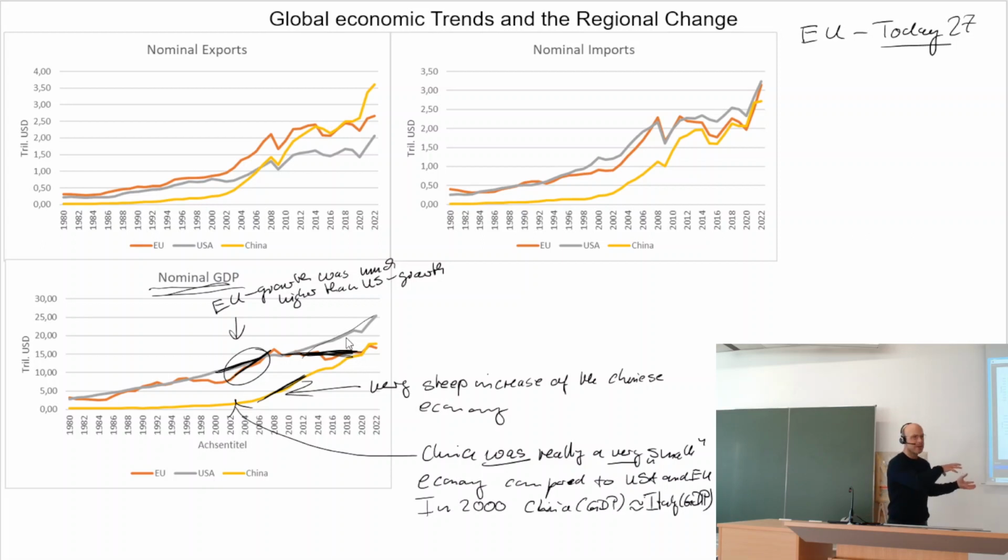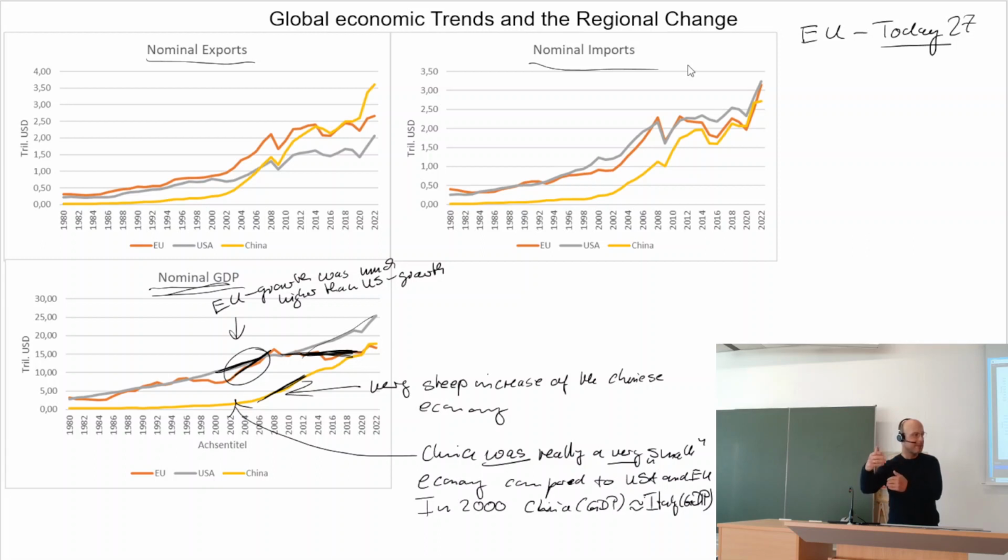But I don't want to go into too much detail, and therefore I didn't show you the real growth rates here. When we look at exports and imports, it is quite hard to find aggregated data that gets rid of the price effect in trade data, because, if you remember, I hopefully mentioned in my macro course that export and import prices are much more volatile.